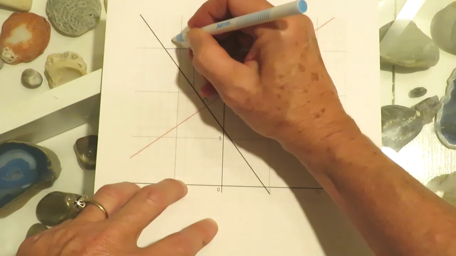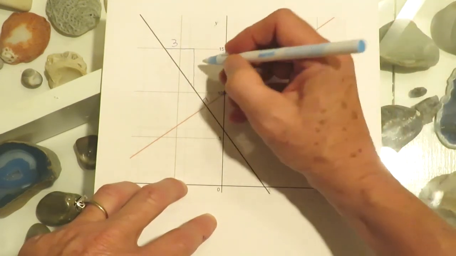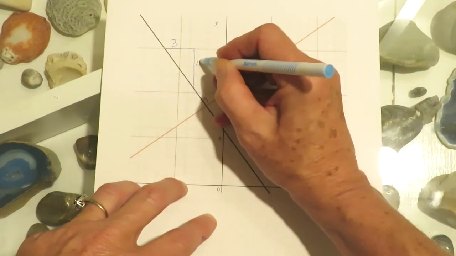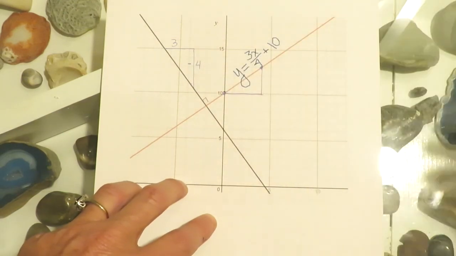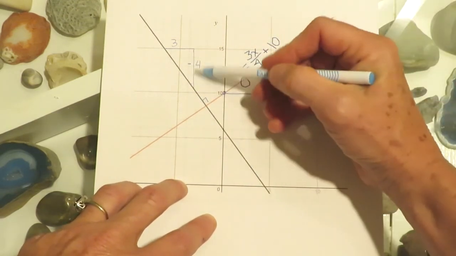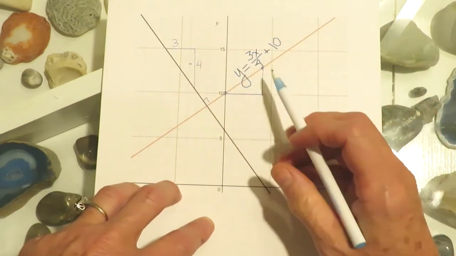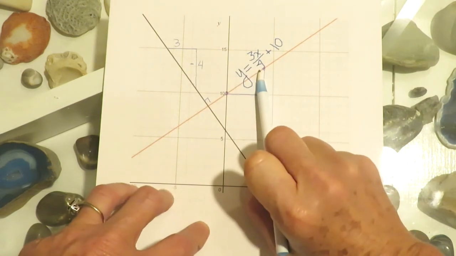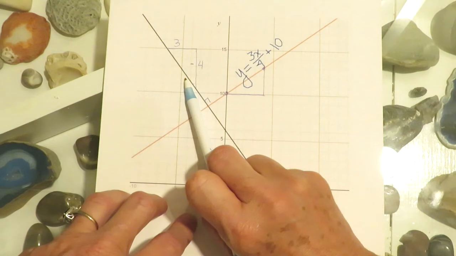I'm now going over the same number of spaces that I went up or down, and I'm going down the same number of spaces that I went sideways. So in this case, one of them has to be negative. The y appears to be negative when we move in the direction that I moved. So I also automatically get my slope when I'm looking for a line that is perpendicular to another line.